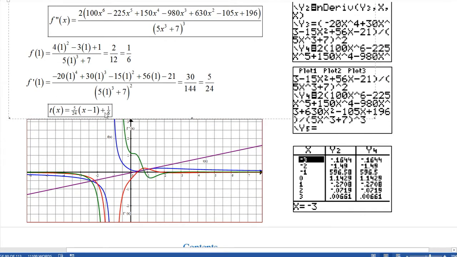So when I graph this, the point (1, 1/6) should be a point on the tangent line and the original curve. You can see it right there where my cursor is. See that? And notice that the graph touches the tangent line at that point. And nearby, if we were to zoom in on this part right here, we see that the graph of the tangent line and the graph of the original function are pretty close. The blue one's the original function, which is in 2 pieces.